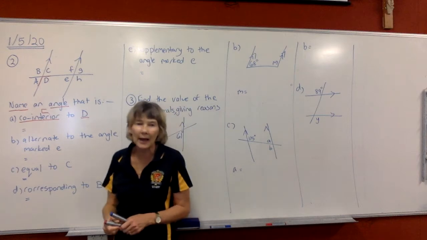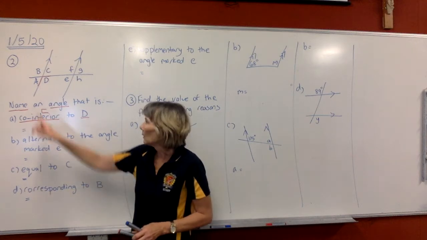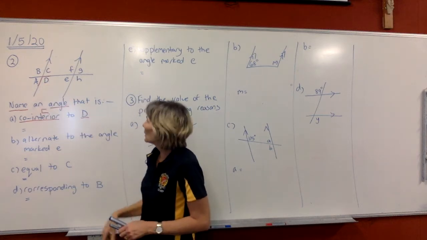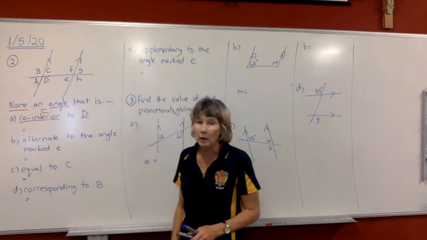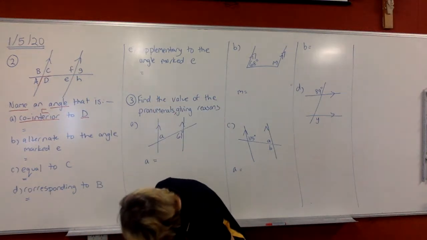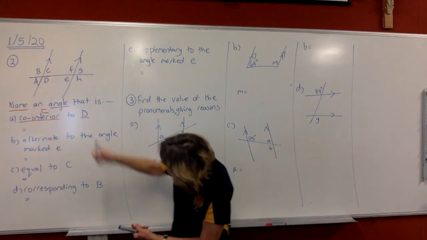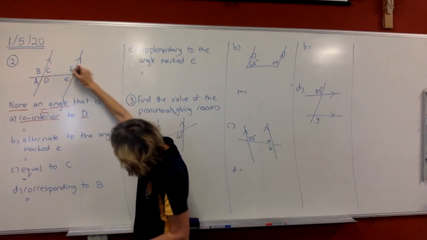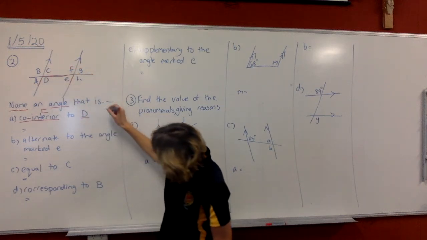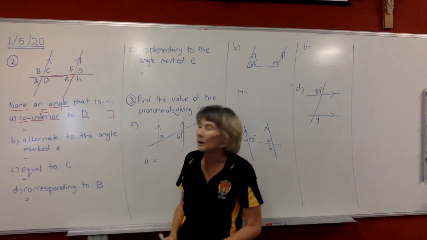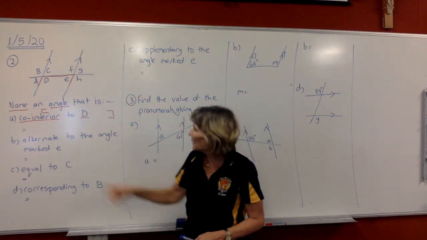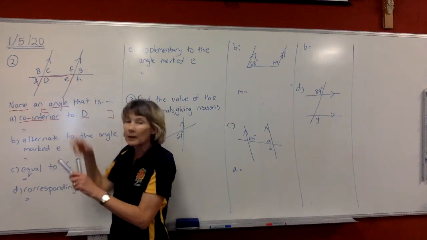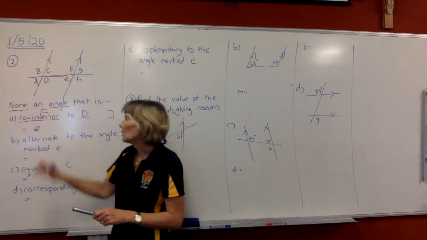So we have to find another angle that's going to form a C shape with this D here. Remember, we're going to look at it with the parallel lines going across the page. And then I can see that if I go around the E here, I'll get the C shape. It's a back to front C, but it will look right.